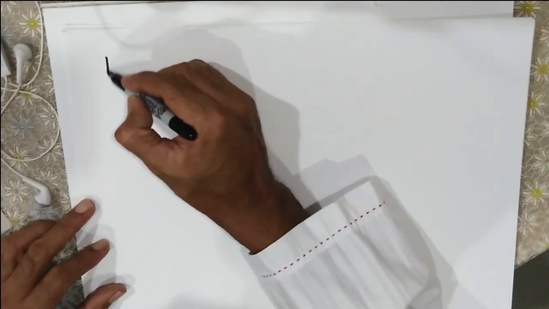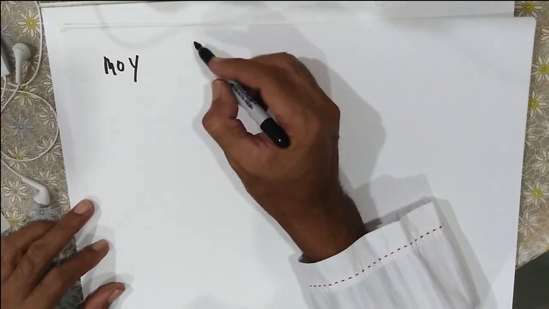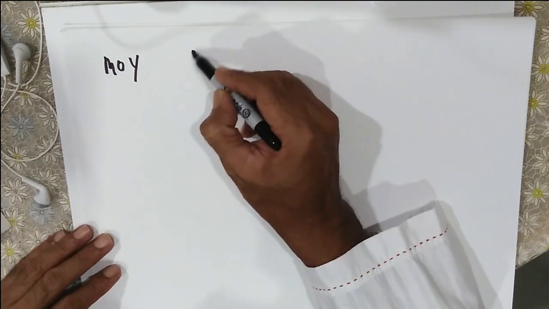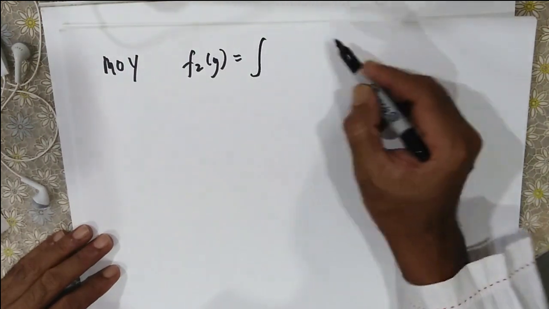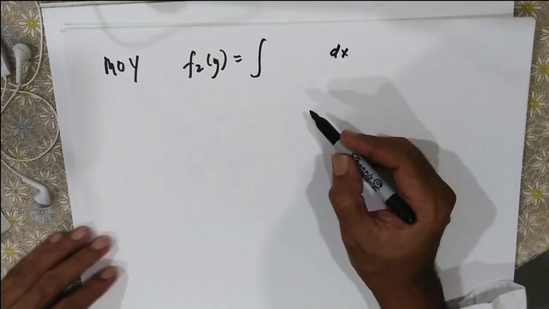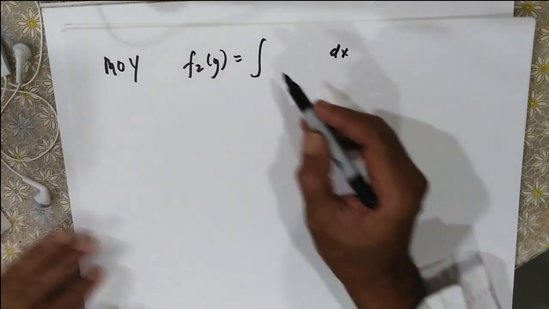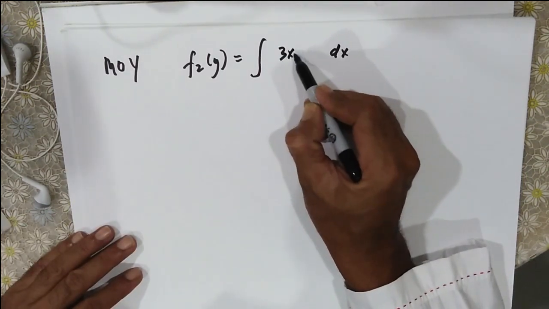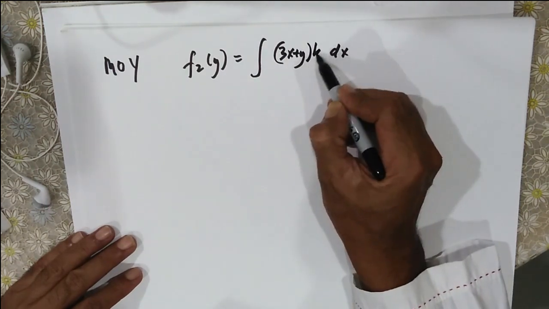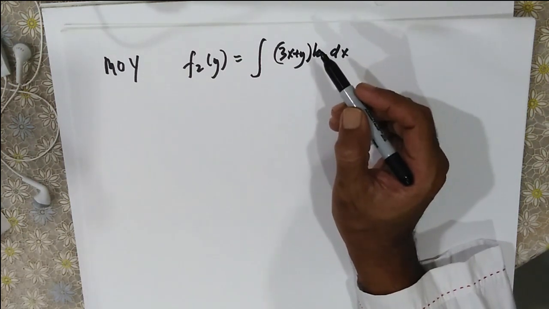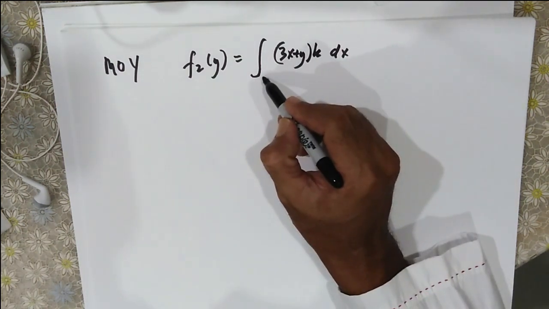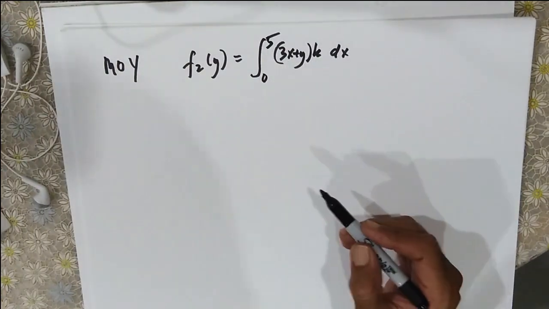So the marginal of y, f sub 2 of y, is the integration with respect to x of the function 3x plus y, times k. Now you integrate with respect to x, so you put x from 0 to 5.